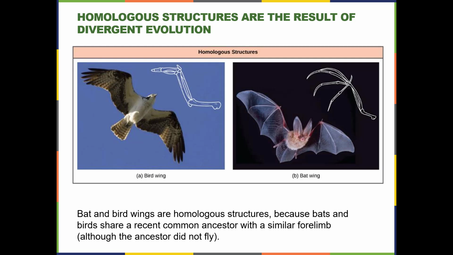But the ancestor had this arm structure. The leg structures also. On the leg structure you have the femur, which is the big bone of the thigh, and then you have tibia and fibula in the lower leg. So same thing too.